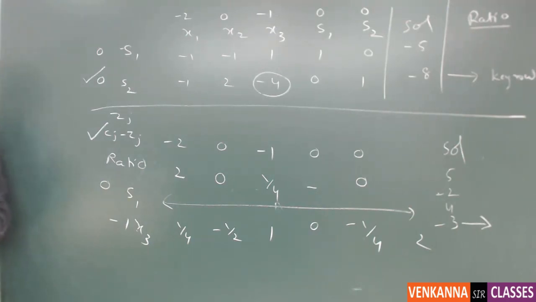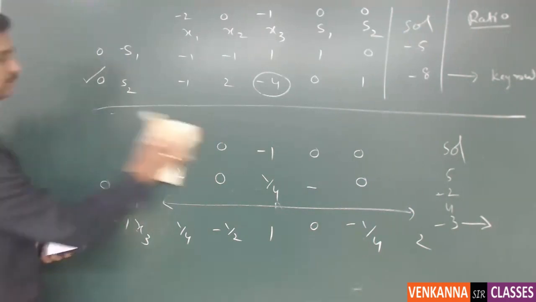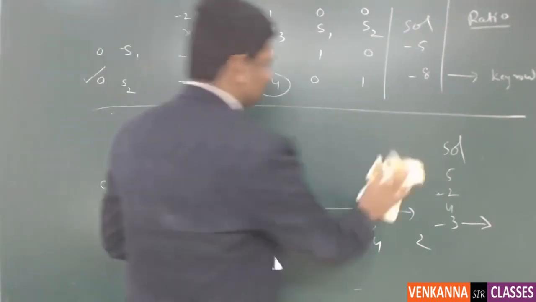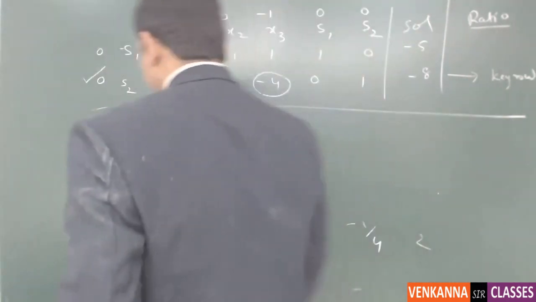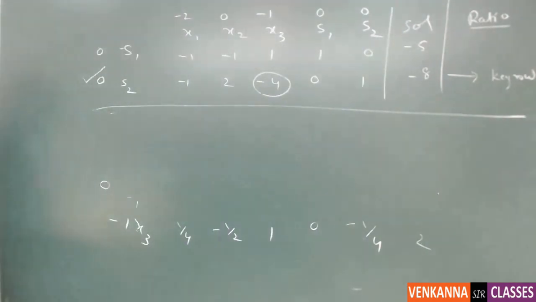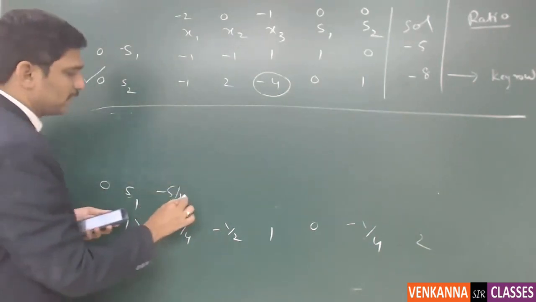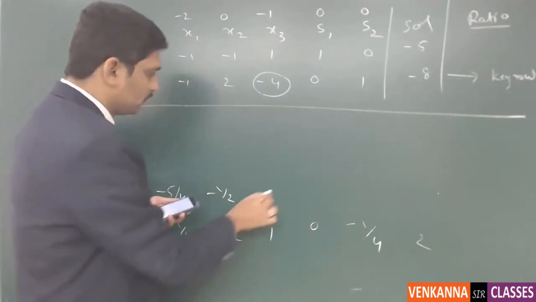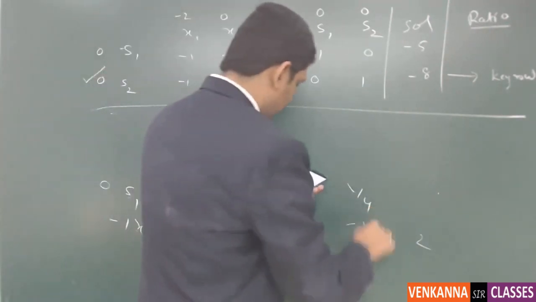So if you want a modified thing from that, this was the modification which you got. If you calculate the corresponding row, it is going to appear like this: -5 by 4, -1 by 2, 0, 1, 1 by 4.